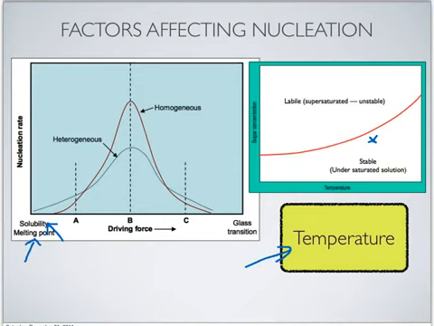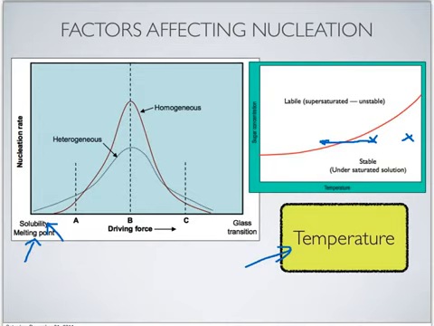when we cool down the temperature, the system now will go to the supersaturated state very easily or very quickly, and this will increase the driving force for the nucleation compared to if we start at this point, which is far from the melting point or far from the equilibrium solubility of the solution.